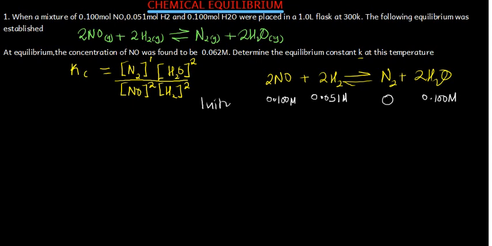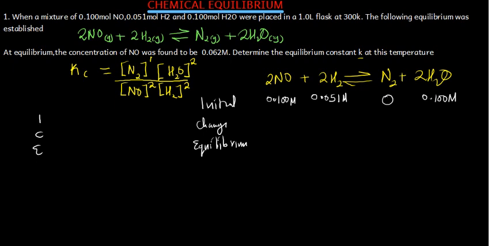Now we use what we call an ICE table, where I is representing initial, and then C is going to represent the change here, and then E is representing now at equilibrium what will be the concentrations. Now we've put the initial ones.